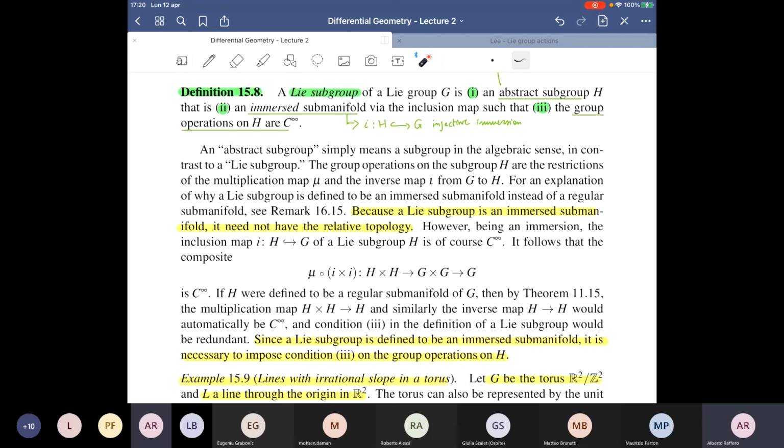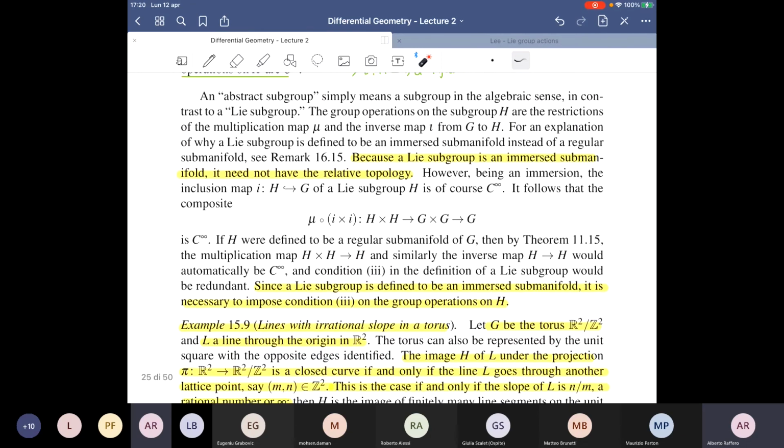But since H is immersed and not embedded, you are not allowed to conclude that this composition is also smooth as a map from H cross H to H. And so this is why condition 3 is mandatory in the definition.